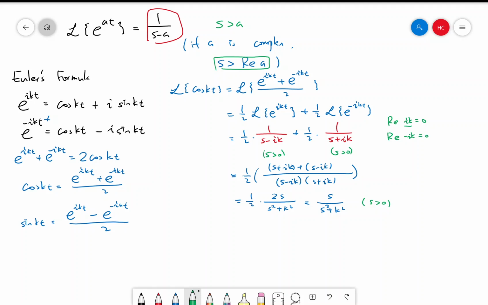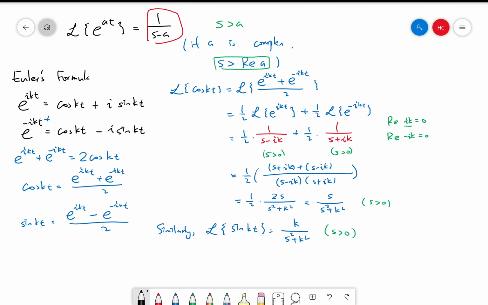So that's the Laplace transform for a cosine function. And if we follow the same procedure, similarly, the Laplace transform of sine kt is equal to k over s squared plus k squared, and this also converges for s greater than 0.